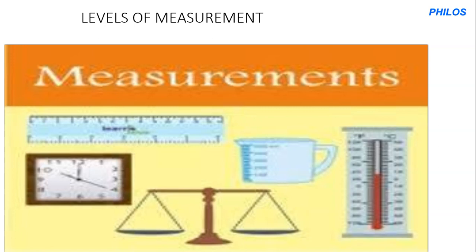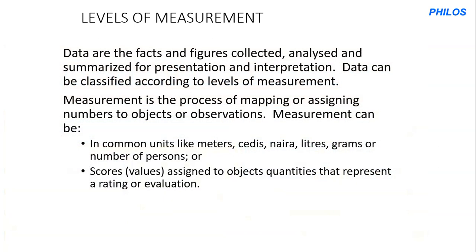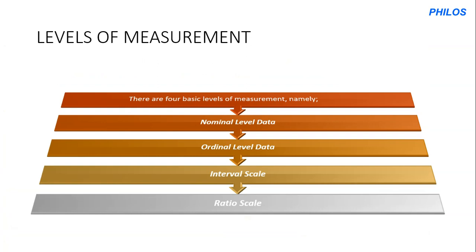So measurement can be in common units like meters, cedis, naira, liters, grams, or number of persons, or scores assigned to object quantities that represent a rating. Now, actually, there are 4 levels of measurement. The first one is nominal level of measurement. The second one is ordinal level of measurement, then interval level of measurement, and ratio level of measurement.